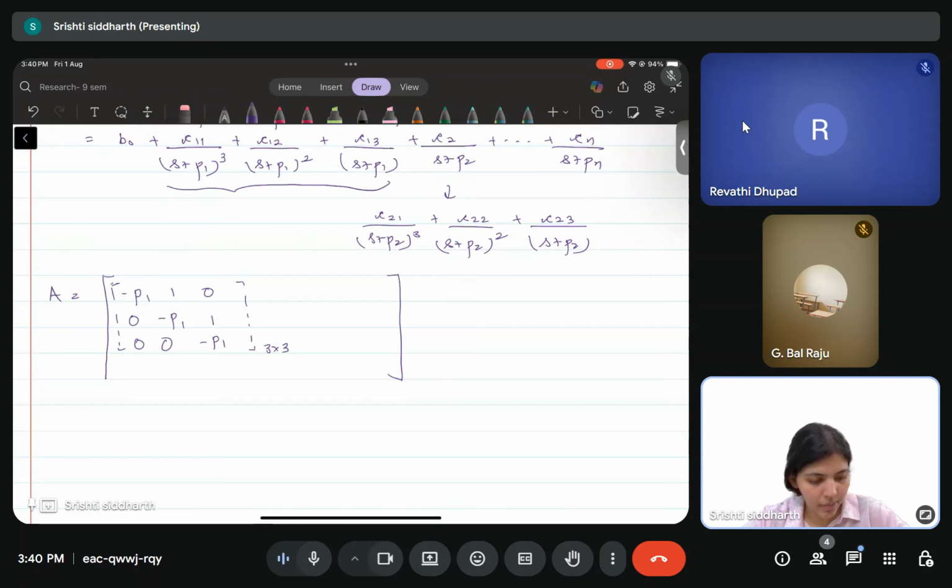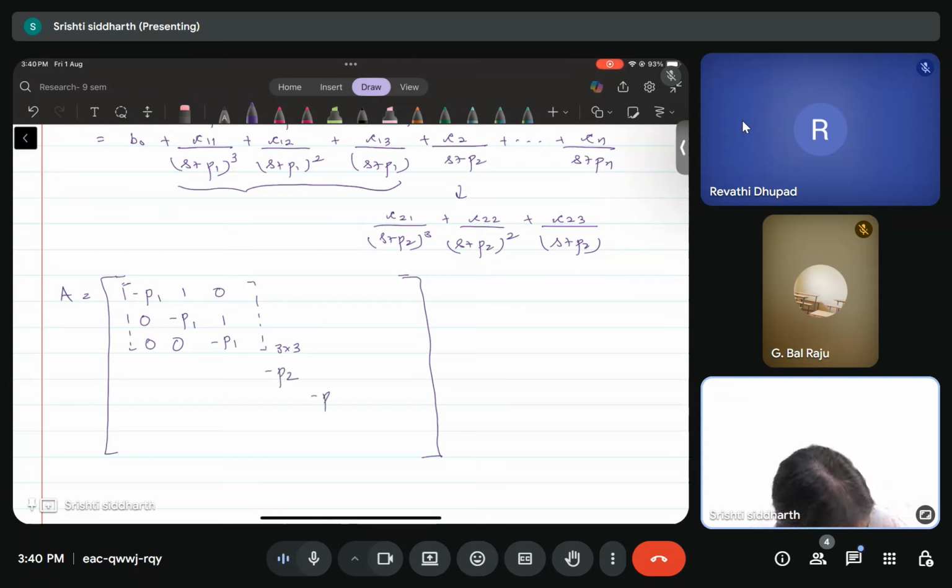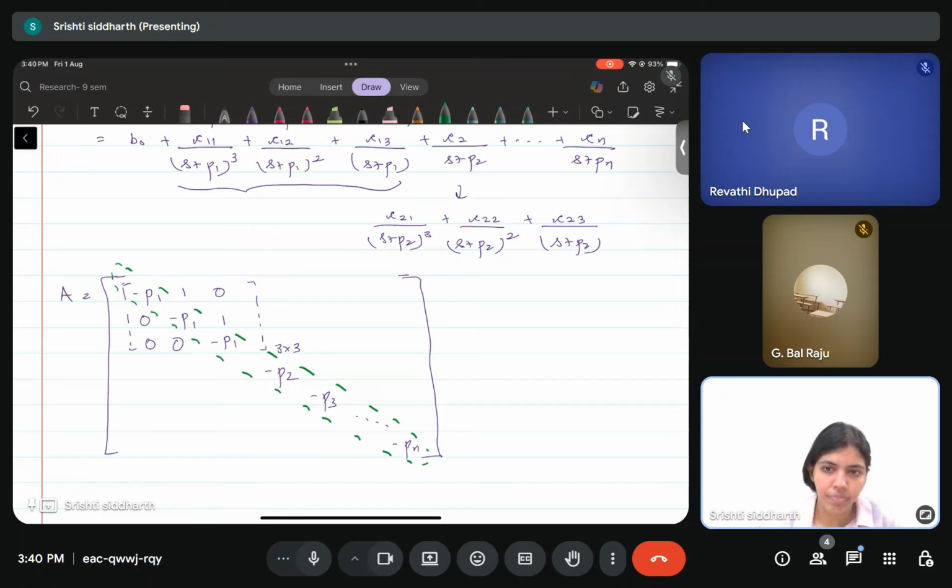So this is for the first eigenvalue. And since the rest of the eigenvalues are distinct, it's simply going to be minus p2, minus p3 on the main diagonal till minus pn. So this is the main diagonal, and then we have zeros everywhere else.